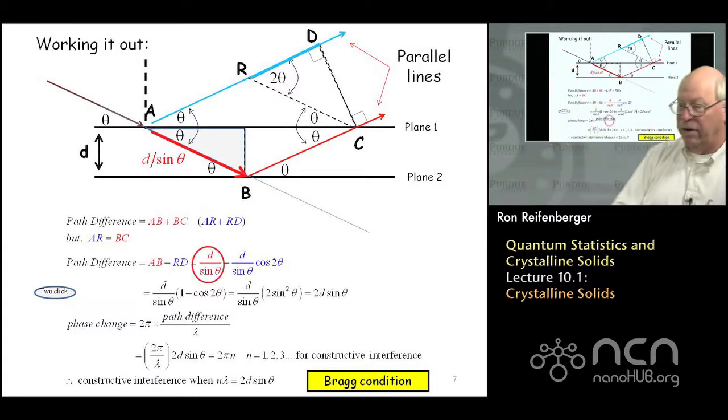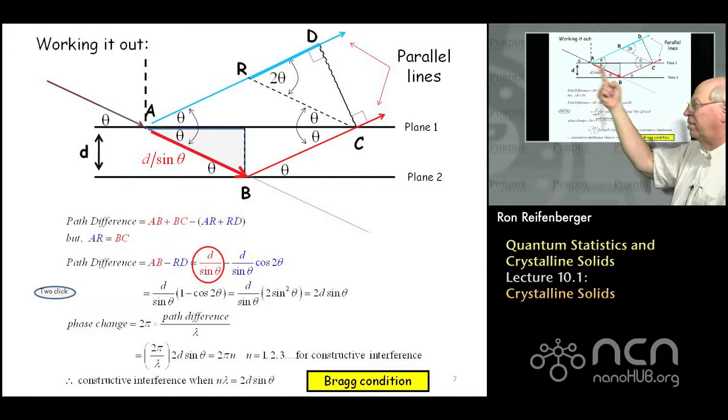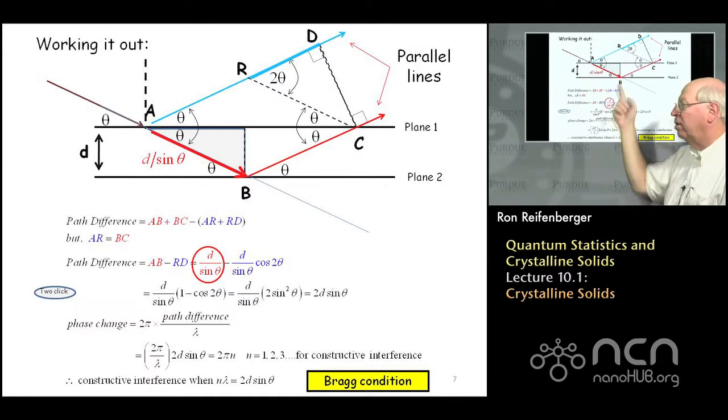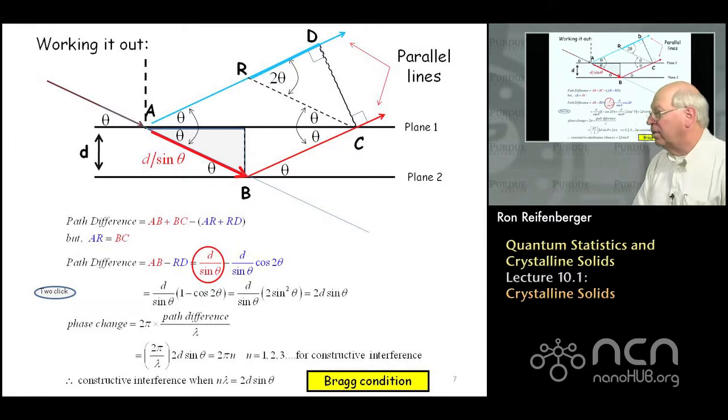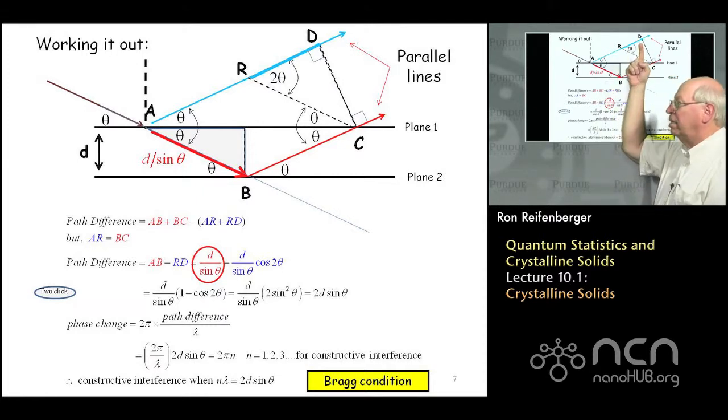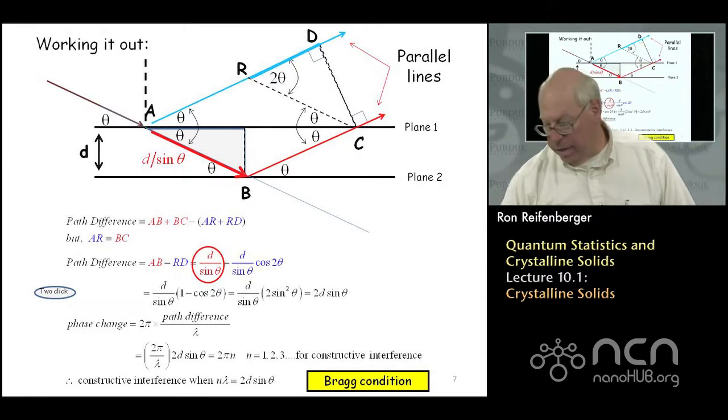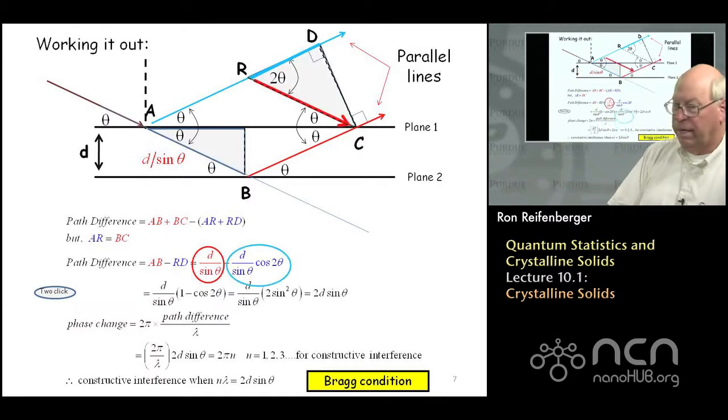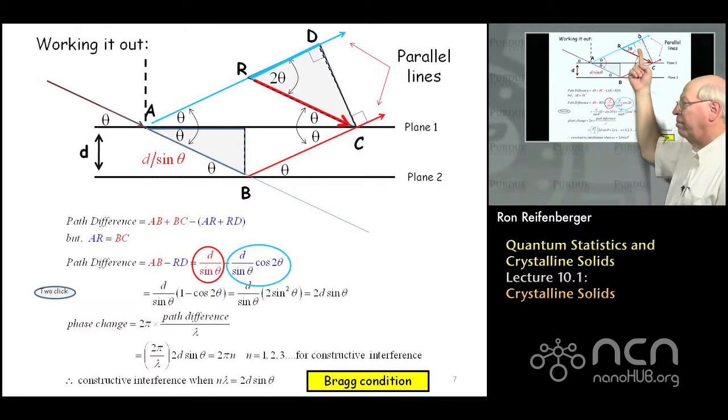The relevant diagram for the path length AB is indicated by this solid triangle. And what you find is that AB is just equal to d over sine theta. The distance RD can be calculated from this other shaded diagram here. You need to do a little simple geometry to realize this angle is 2 theta.